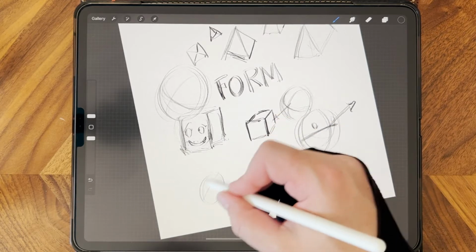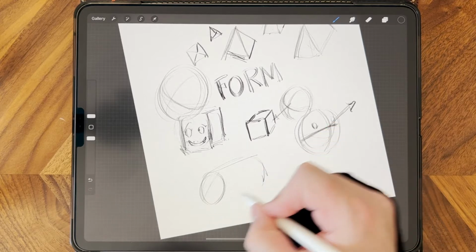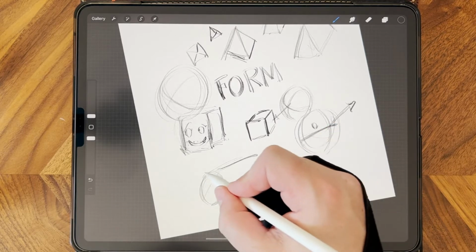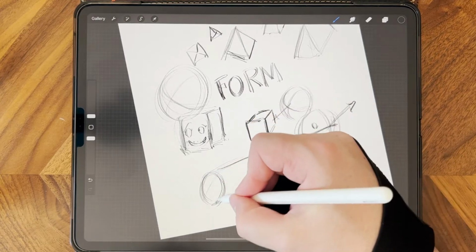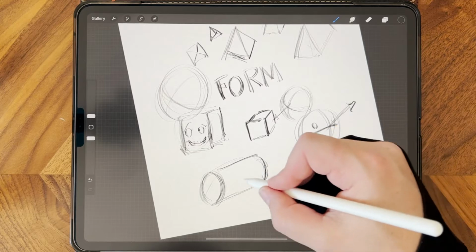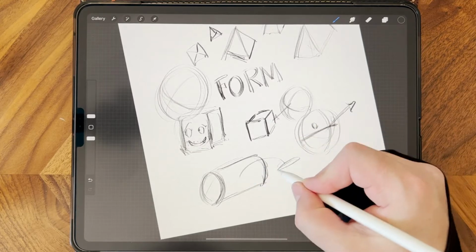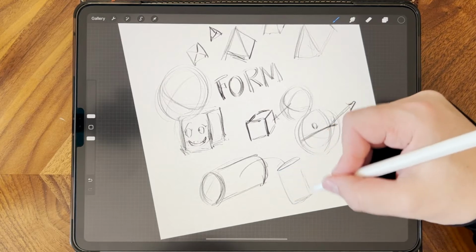Also circles, there's spheres, and there's also cylinders. And the cylinder is super critical. That is something you cannot practice enough because you have to have this curve that matches this curve. And then if it rotates in 3D space, those 2 curves have to match up.